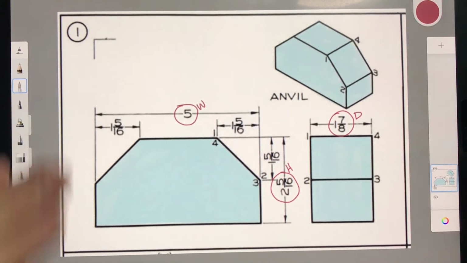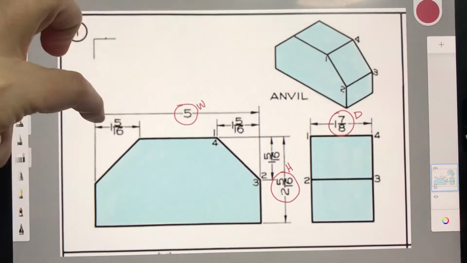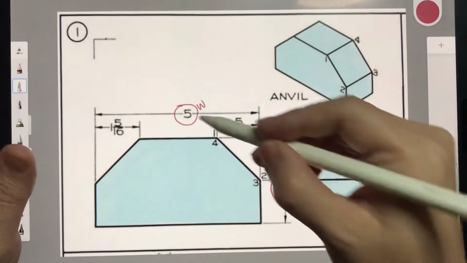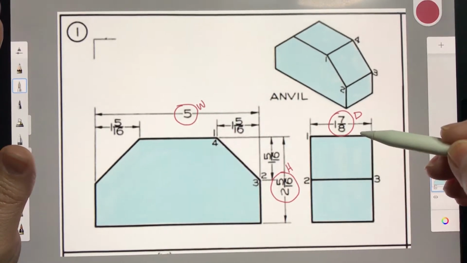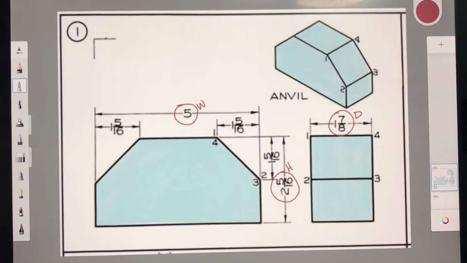Always look carefully at your dimensions and make sure you're getting the entire width, the entire height, and the entire depth. Once you have these three numbers, you're going to plug them into your formula. Our width is 5, our height is 2 5/16, and our depth is 1 7/8.